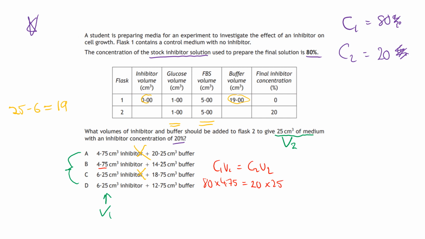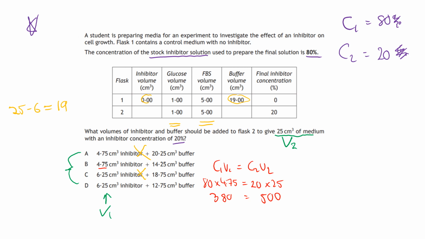So we just need to check, do those numbers equal each other? 80 multiplied by 4.75 is 380. I do not think that 20 multiplied by 25 equals 380. Nope, it equals 500. And I do not know why I needed to use a calculator for that.